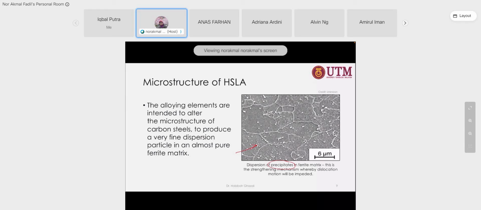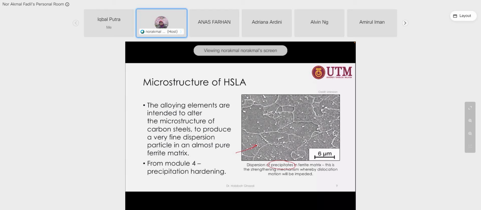So rather than improve the strength of the steel by cold working, meaning strain hardening, you can have an extra dislocation barrier. Okay, which is this precipitate.